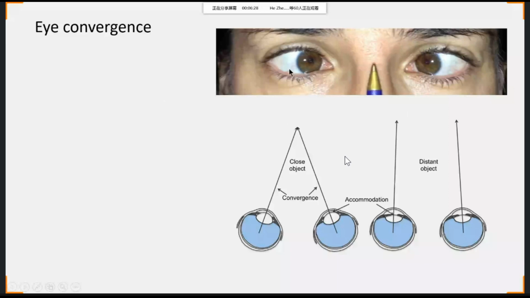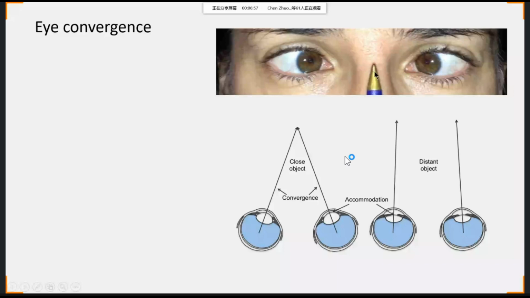So we move our eyeballs. Our eyeballs can rotate a bit, so they can change the angle, so we can look at different objects. If they are near to us, like this pinball, then our eyeballs, the lenses, move inward, both sides, and we can focus on this object that is very near to us.